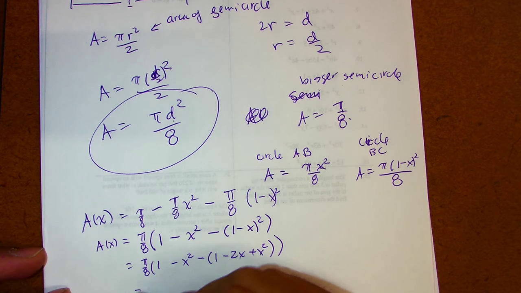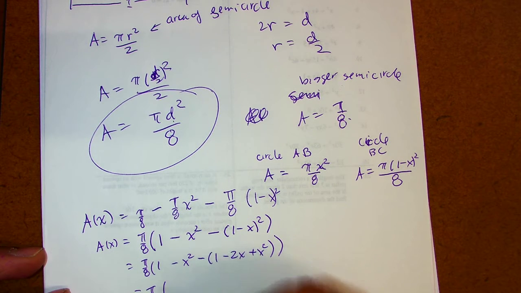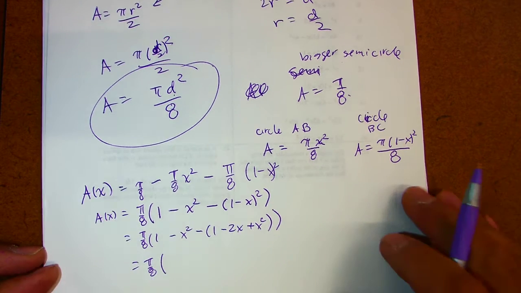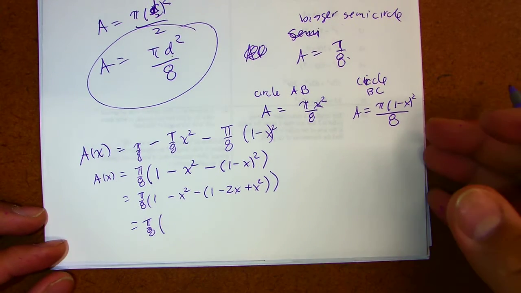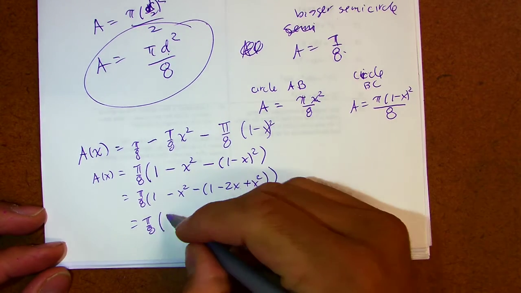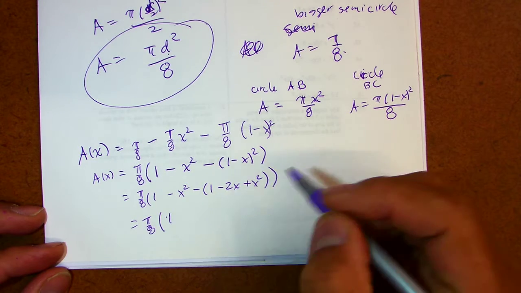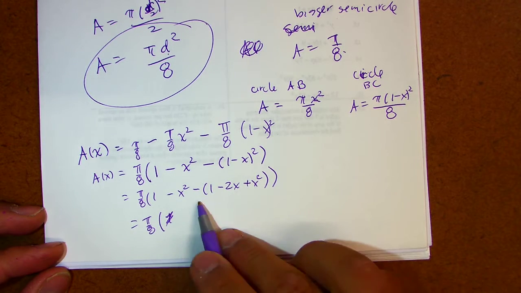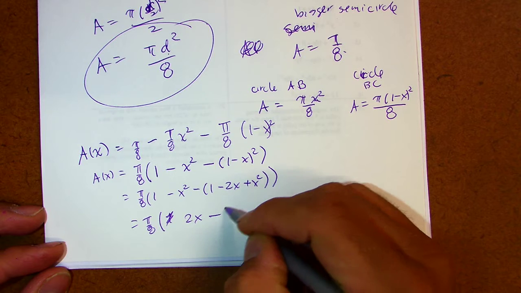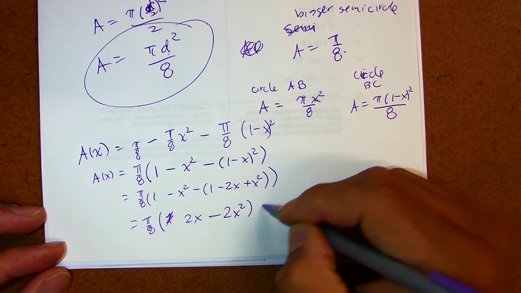The ones cancel out, and I'll have 2x minus 2x squared.